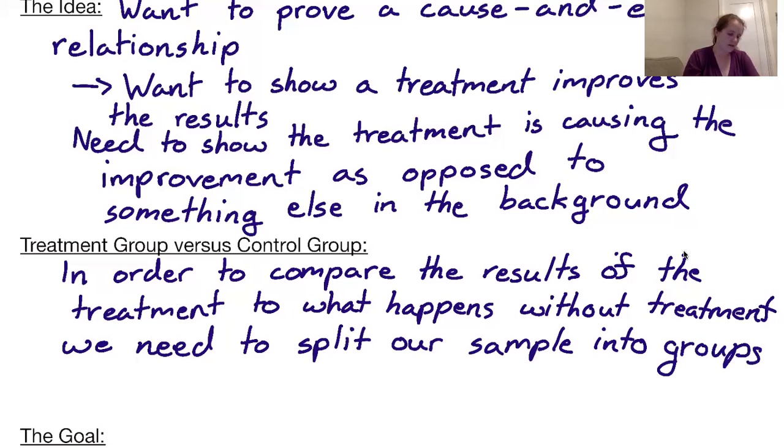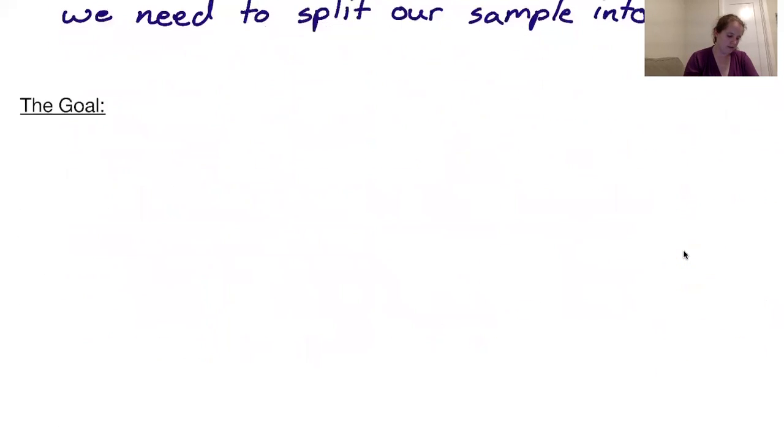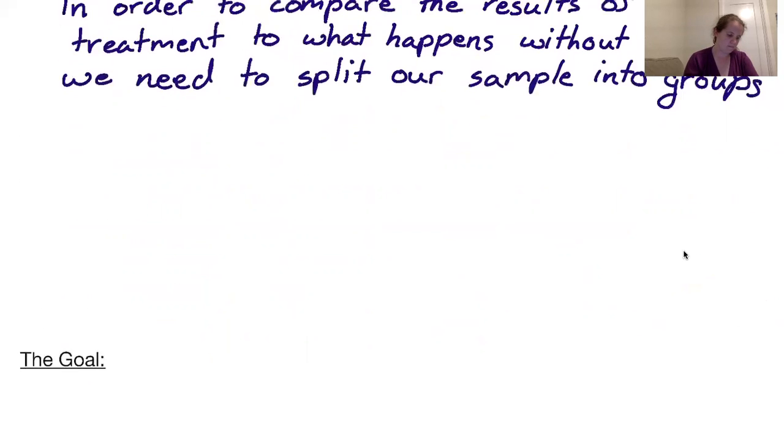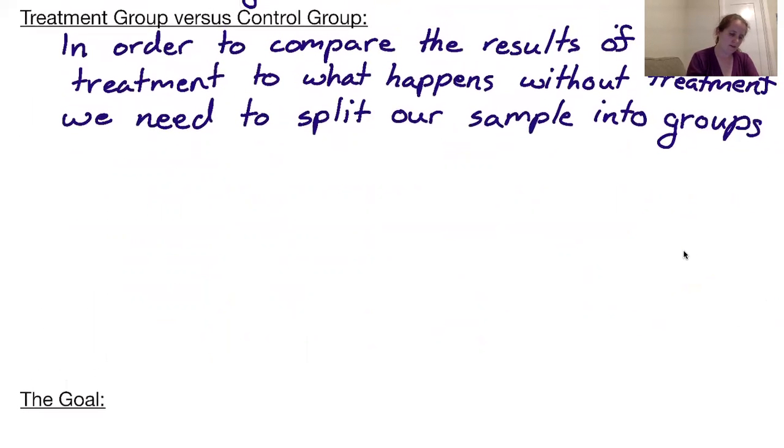So again, what we'll do for this is we'll take our sample and then we'll split it into two groups. So about half of the individuals will go into what is called the control group.